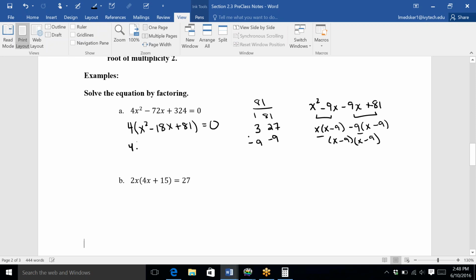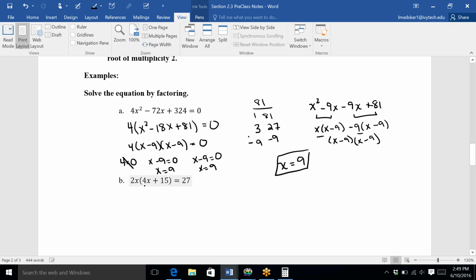So this would be 4 times x minus 9 times x minus 9 equals 0. You set each part equal to 0 because of the zero factor theorem that we were just talking about. So 4 equals 0 doesn't make sense, but if I add 9 over, I'll get the same solution here. I see that 9 is a possible solution to this equation.